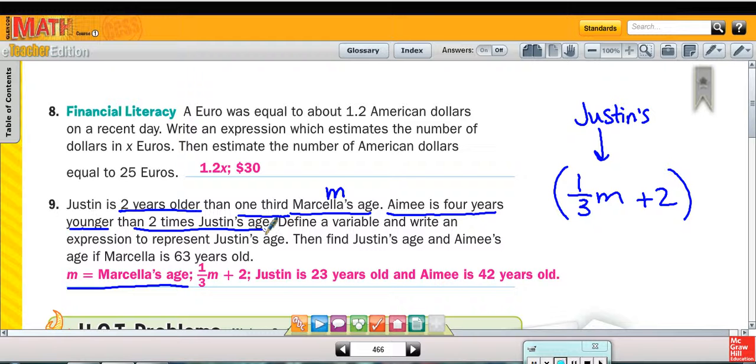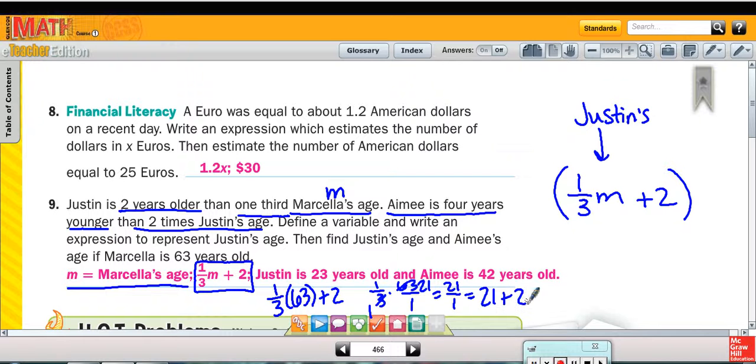So our answer is 1/3 M plus 2. And if you put in Marcella's age as 63, that'd be 1/3 times 63 plus 2. So 1/3 times 63 over 1, 1 and 21 would give me 21. 21 plus 2 gives me 23 years old. So there's our third point.